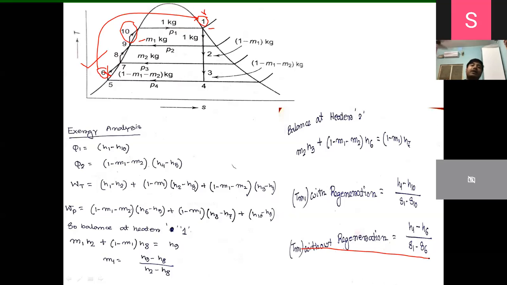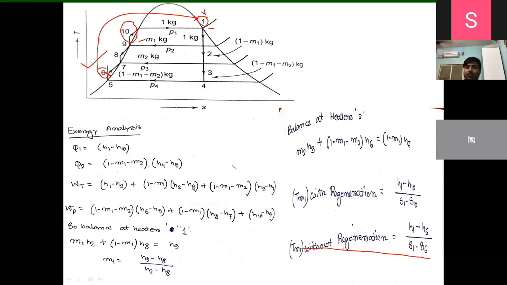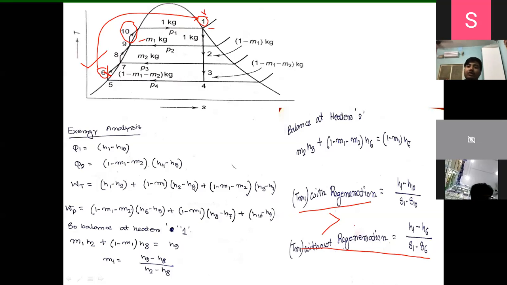So this is the mean effective temperature without regeneration, and we will get that TM1 with regeneration is greater than TM1 without regeneration, and we'll see by solving one problem. Okay, so this is the concept of regeneration.